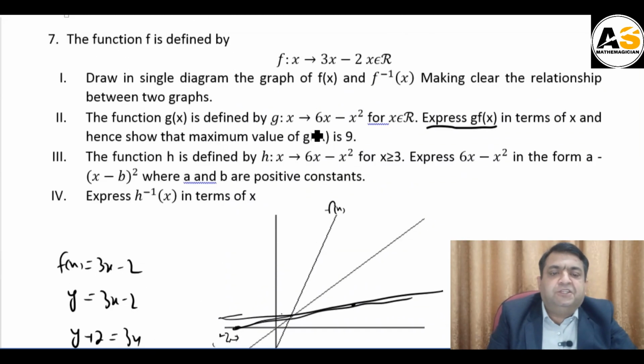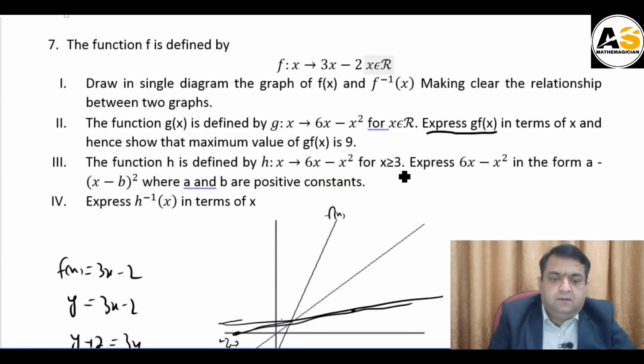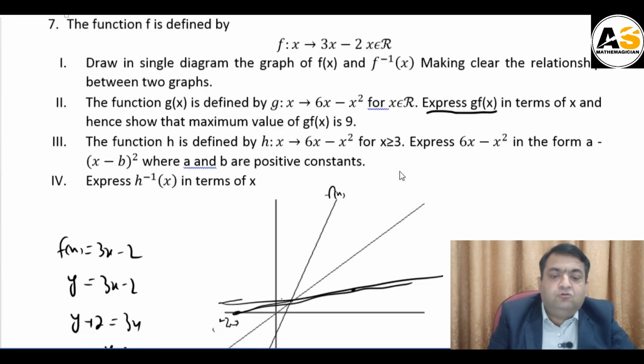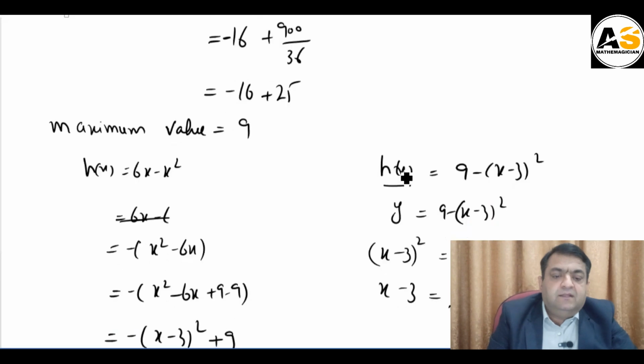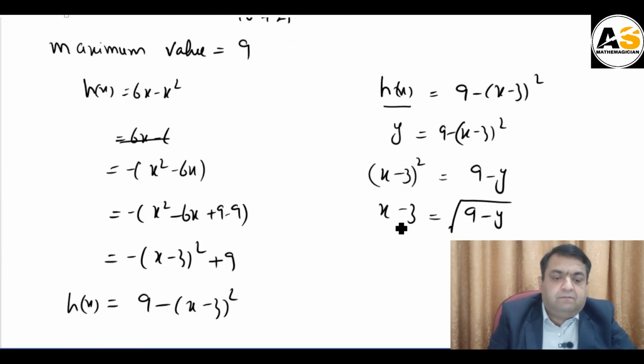Look at the definition of the function h of x. x is greater than or equal to 3. When x is greater than or equal to 3, this cannot be negative. It means we will only take the positive values.